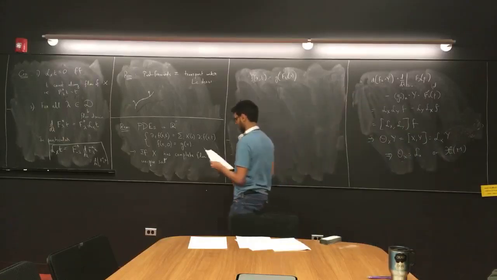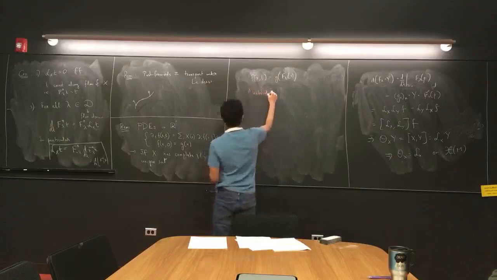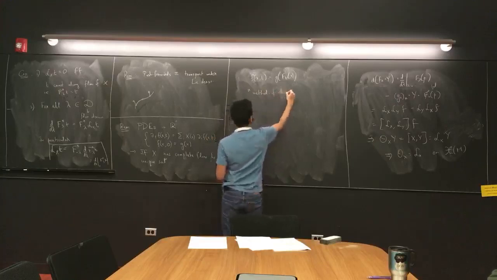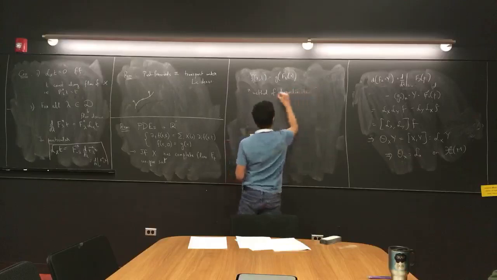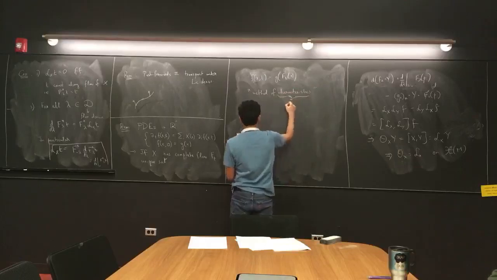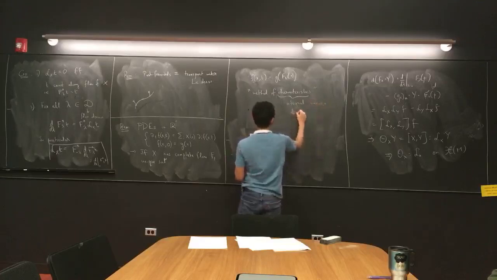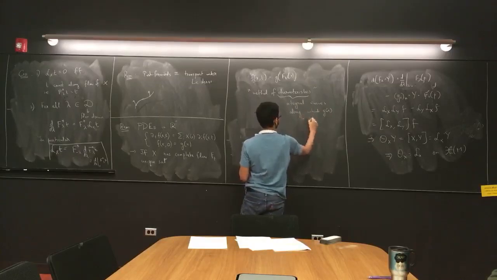This is called the method of characteristics, where these characteristics are basically defined as integral curves along which the values of g are propagated.